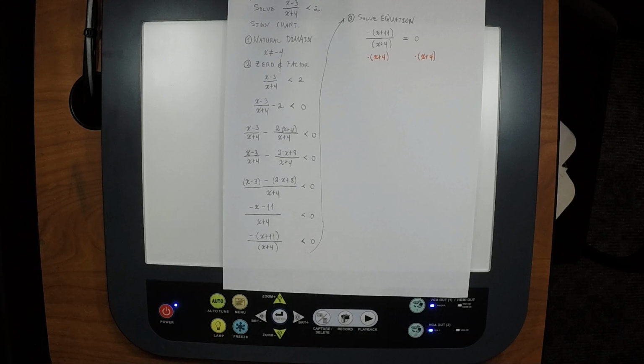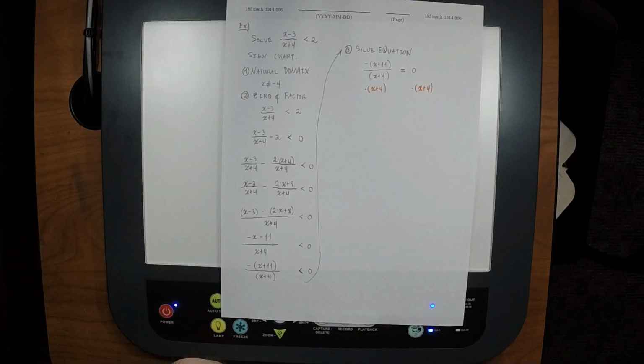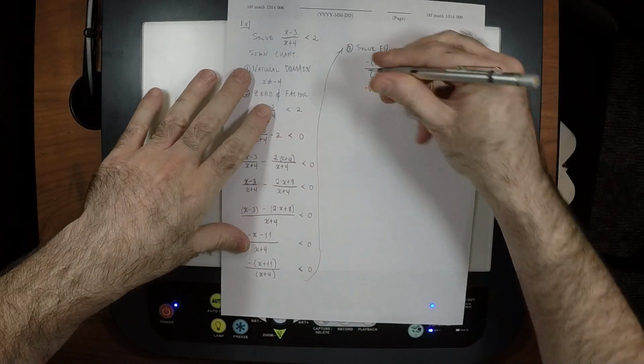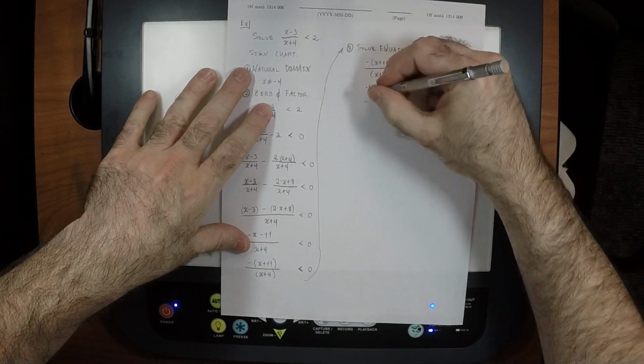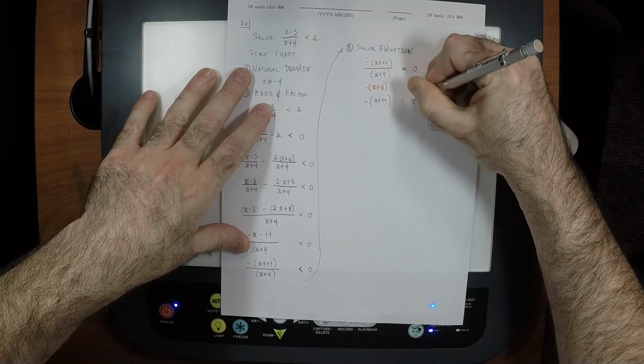Yeah. But now it's an equation. Do we need to worry about the direction of the equation reversing? No, that's not even a thing, right? So the x plus 4 cancels, and we have negative x plus 11 is equal to 0.